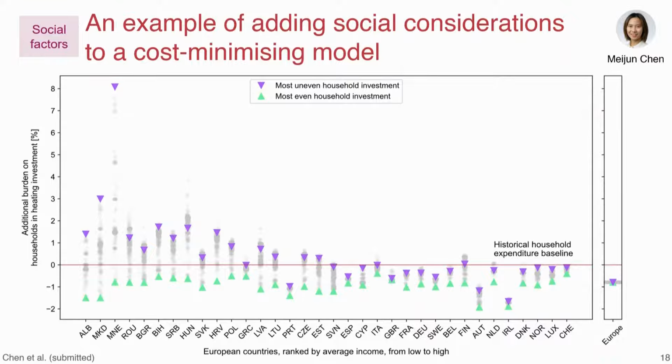Now, of course, the optimization here is for total European cost. So it doesn't consider details such as household investment burden. And if we were not to explicitly look into this, we wouldn't even notice that this is potentially a problem. So Mei-Jin is calling the original model a disparity unaware model, and she then adds constraints to the model.